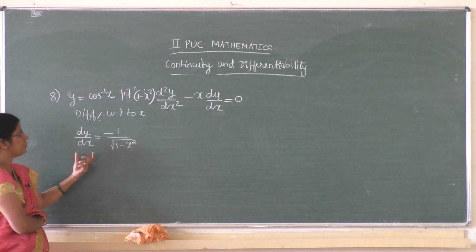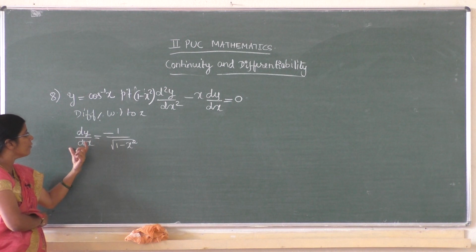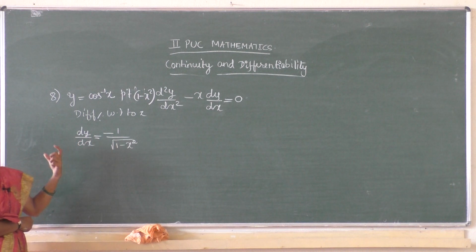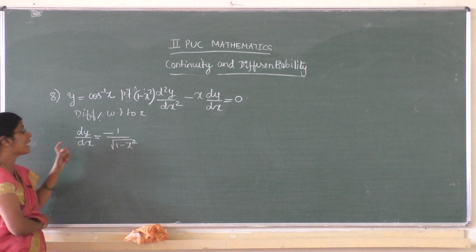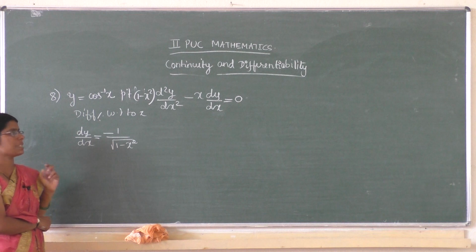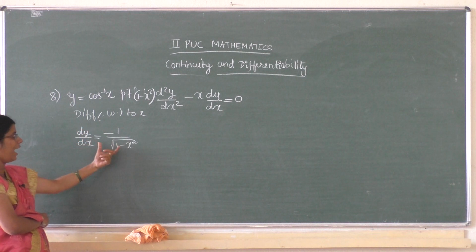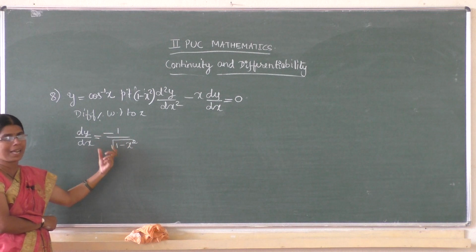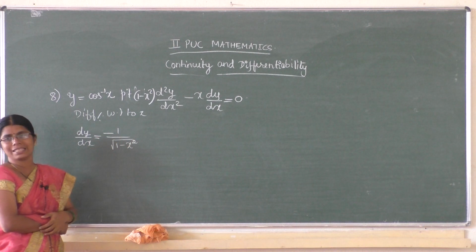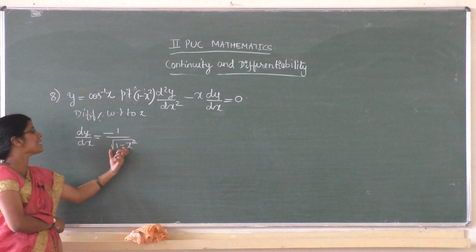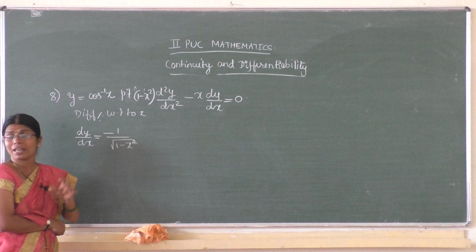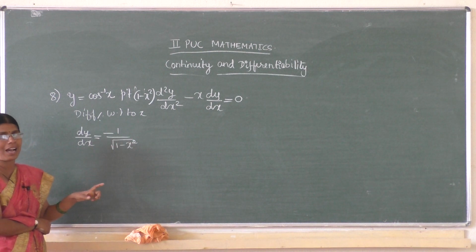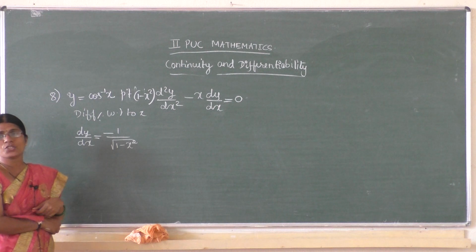Now here you have to find the second order derivative, that is once again you have to differentiate with respect to x. Here we have to apply either the quotient rule, because we have 1 by root of 1 minus x square, or if you write this as (1 minus x square) to the power minus half, then you have to apply the chain rule.